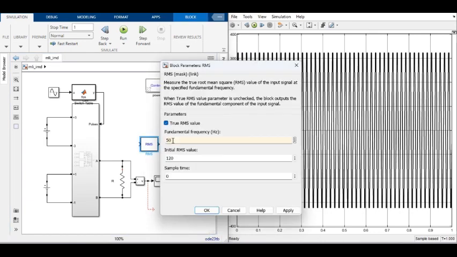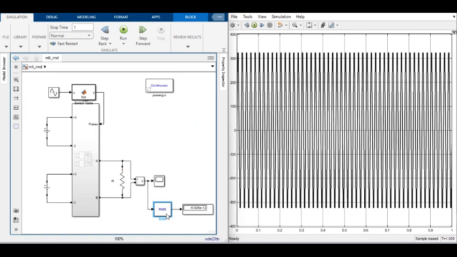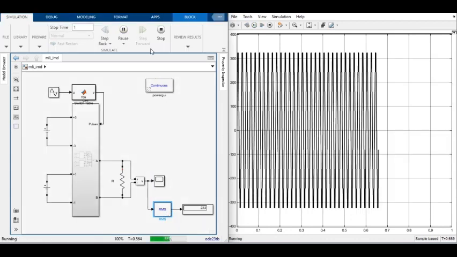To measure the RMS value, the RMS block is used with the setup of fundamental frequency 50 Hz.